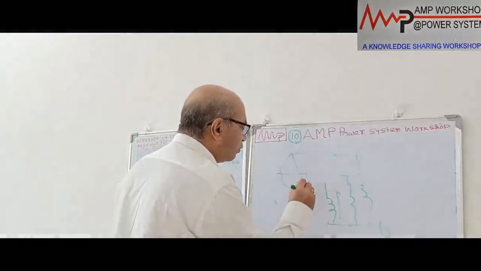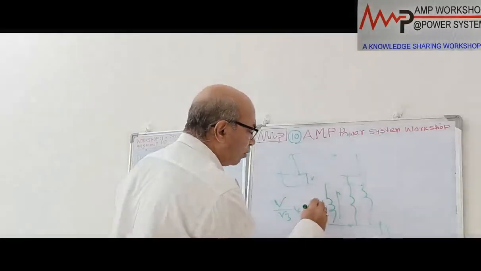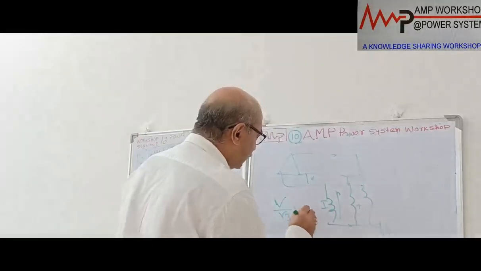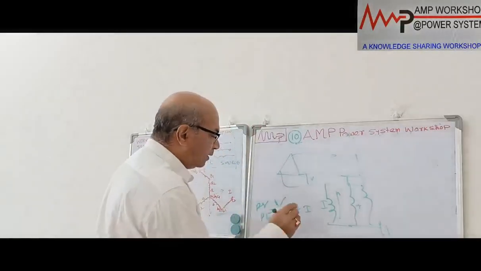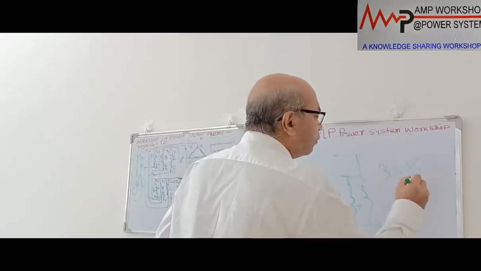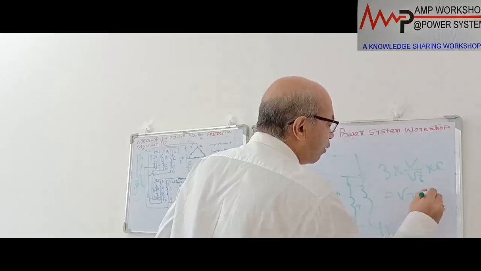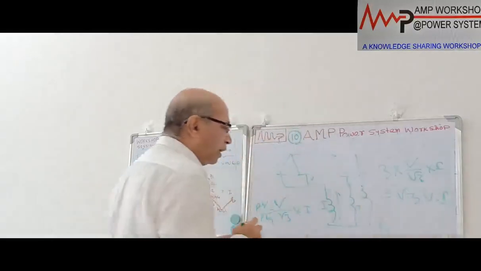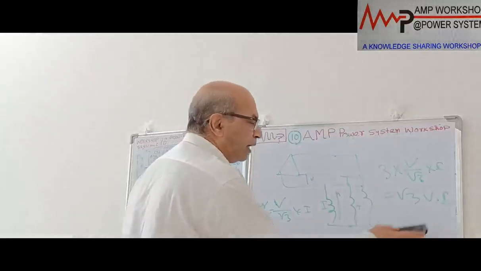If the line voltage between these two is V, then V by √3 into the current I flowing through this will be the per phase kVA. As there are 3 phases, the total will be 3 into V by √3 into I. So this is equal to √3 V into I, where V is the line voltage and I is the current through the grounding transformer during earth fault condition. Okay. So this will be the capacity.